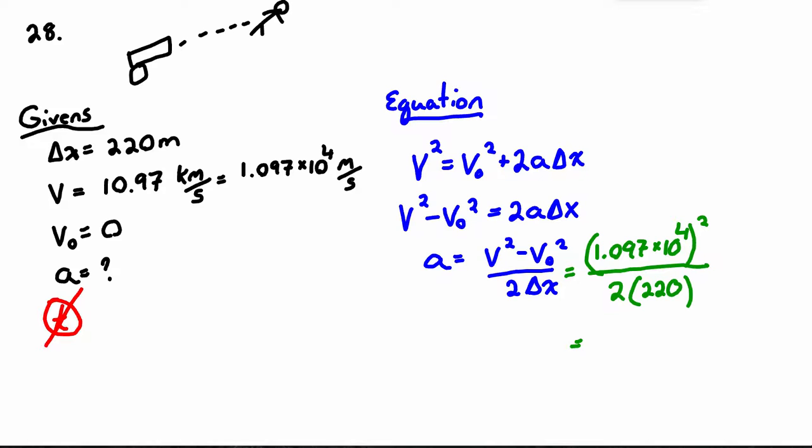Okay, so the answer is huge. I get 2.7, let's see how many sig figs, we'll go 2.74 times 10 to the fifth, and that's meters a second squared.